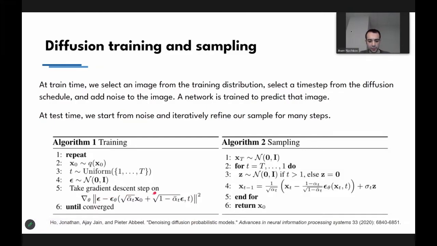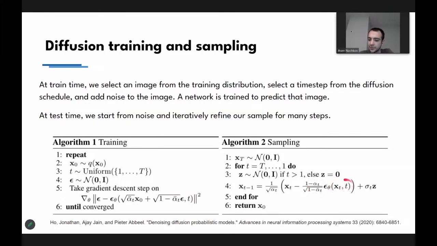It's pretty straightforward. Now for the sampling, again, we start from complete randomness, from a normal distribution. And for t steps from capital T to 1, we call the model, which gives us an estimate of the noise.